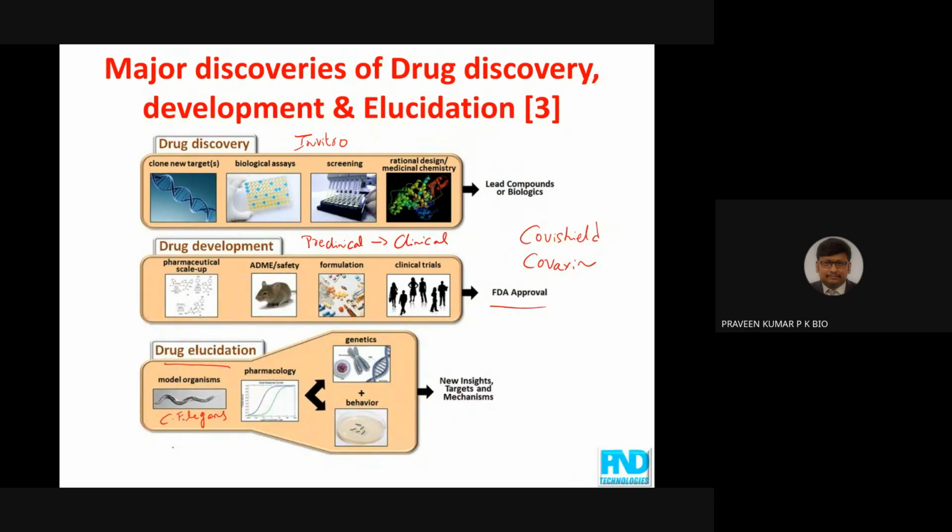Not only the worms, we can also try with Drosophila melanogaster. Heard about this? Fruit flies. We can try with the melanogaster. We can also check with the zebrafish. I think the Satyabama Research Park is doing plenty of studies on the zebrafish.